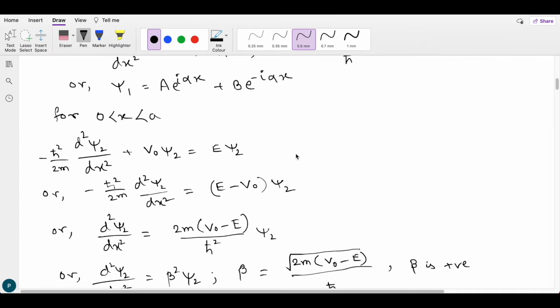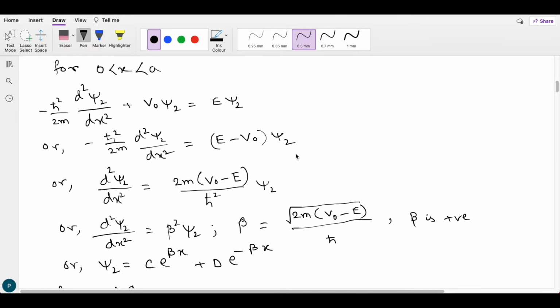For the region 0 to a, that is region 2, the Schrodinger equation becomes minus ħ²/2m d²ψ2/dx² plus V0 ψ2 equals E ψ2. After simplifying, the equation becomes d²ψ2/dx² equals 2m(V0 minus E)/ħ² ψ2.